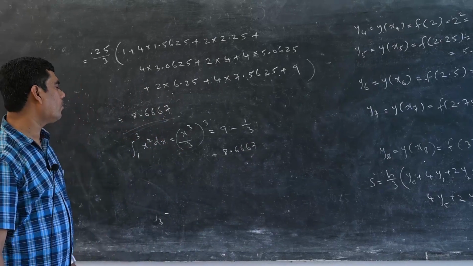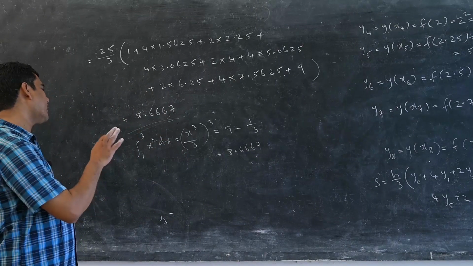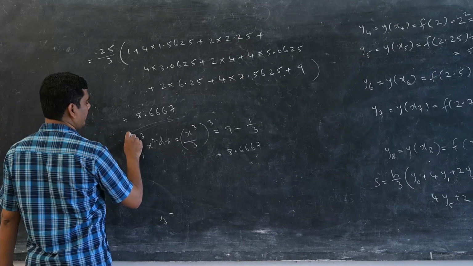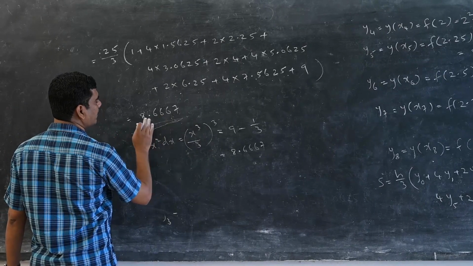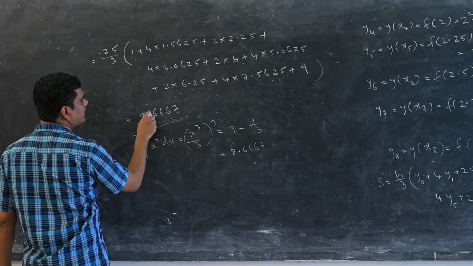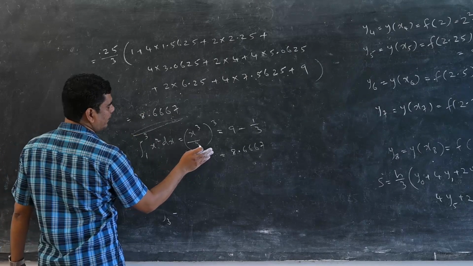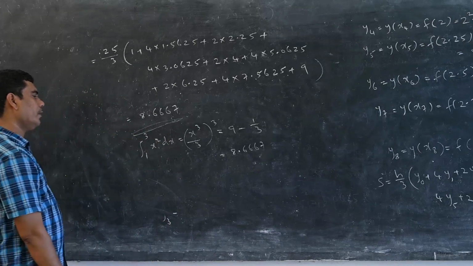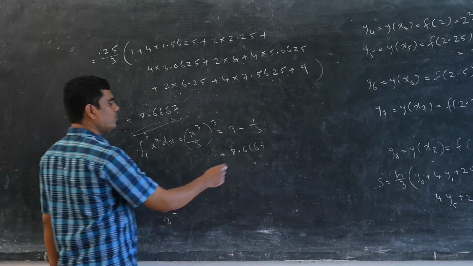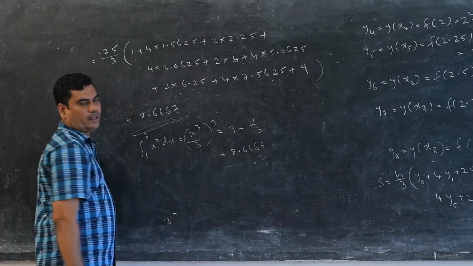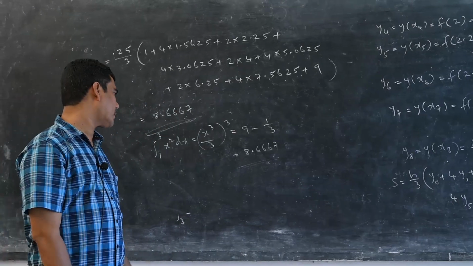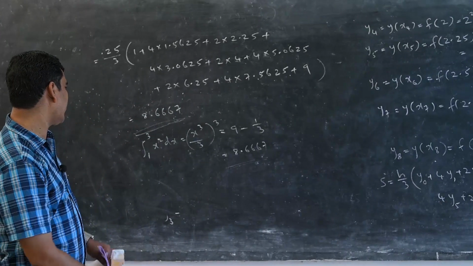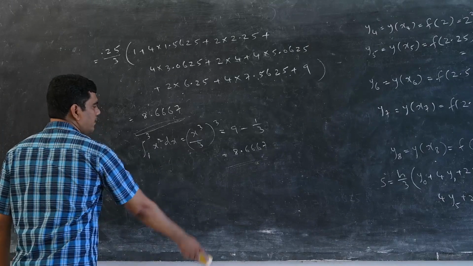So up to 4 decimal places there is no error. Up to 4 decimal places this approximate value is 8.6667, and the exact value is also 8.6667. Both the values, the exact value and approximate value, are the same.